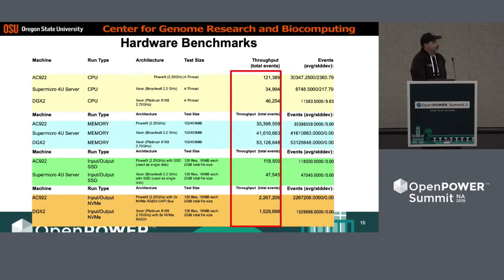An AC922 just on the CPU will do almost 3 to 4x the number of iterations in the same amount of time. That fundamentally causes people to start buying the Power9 box, okay? It's just pure numbers. You've got a faster Platinum Xeon being beat by the Power9 that's been out for a couple of years.